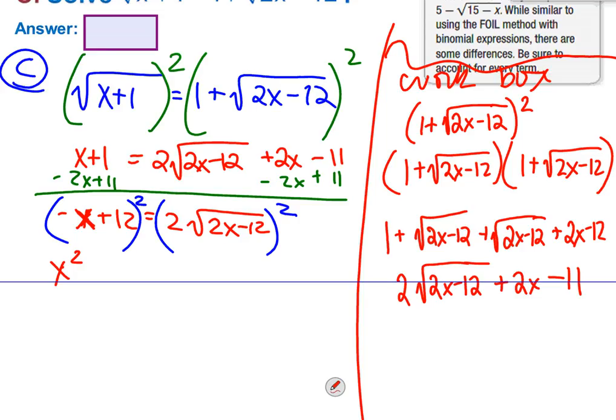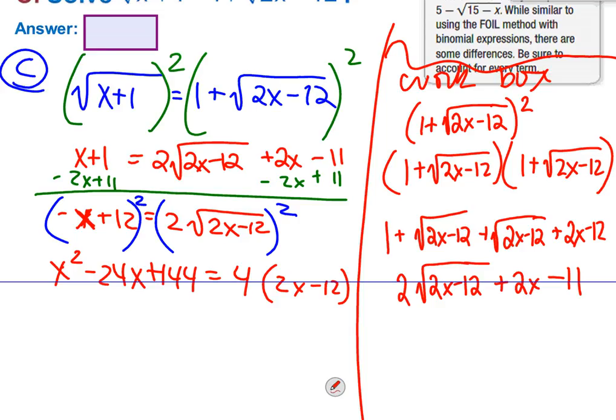This will be minus 12x, and then times 2, minus 24x. This will be 144 equals, then just be careful that this 2 becomes squared, so it's 4. But then the square root of all this stuff squared just becomes all that stuff. But then make sure you put it in parentheses so that you don't lose it as you go.